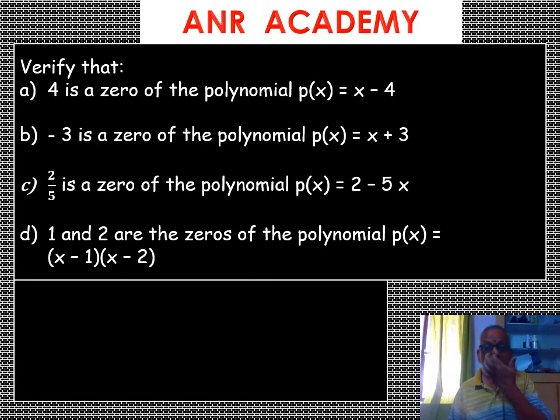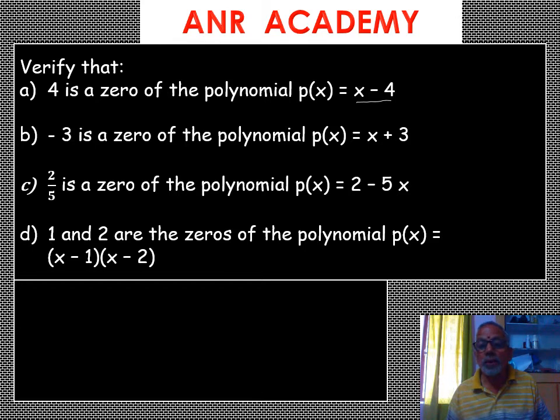That means we have to replace the variable by the value and see whether that polynomial becomes 0 or not. If the polynomial becomes 0, then only the given number, that means 4, will be a zero of the polynomial. Understood?